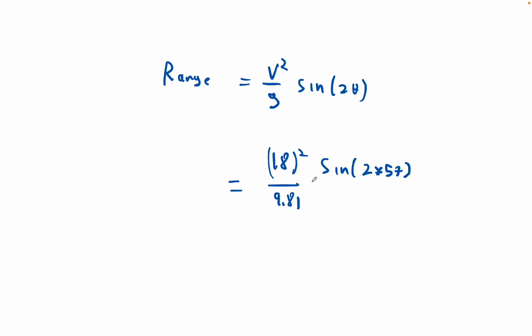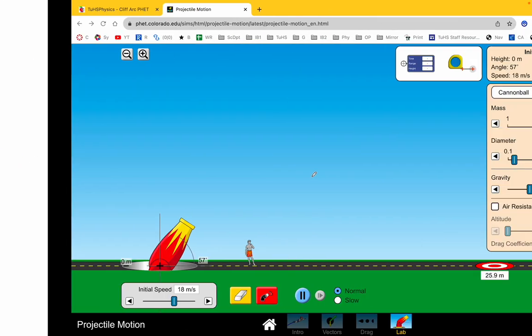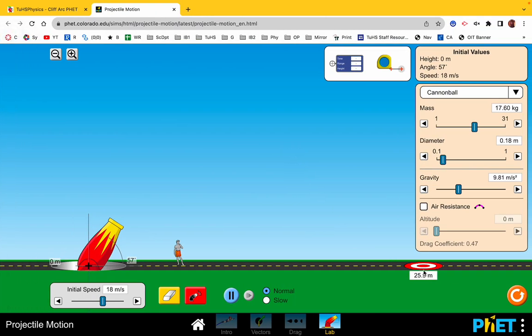So type that into your calculator. I'm way too lazy to do that. Make sure you're in degrees, right? And then what you want to do is go out here and put that target where it's going to be, right? I'm just guessing that it's going to be about 30.2.